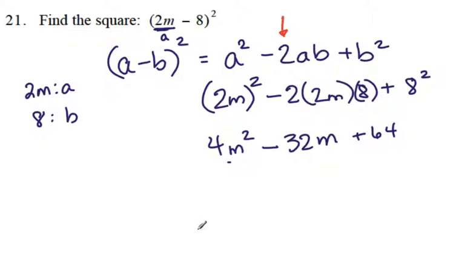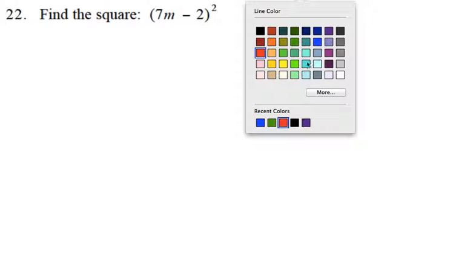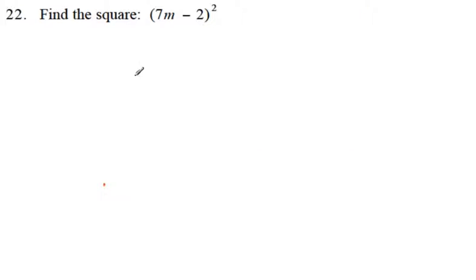Okay, now let's go ahead and go on to number 22. This one is similar, right? It's just different numbers. I liked experimenting. I'm going to use orange on this one. Okay, so we have 7m minus 2 squared.